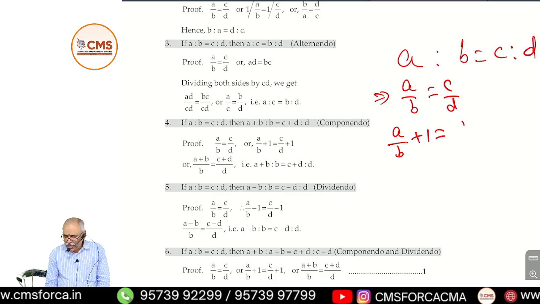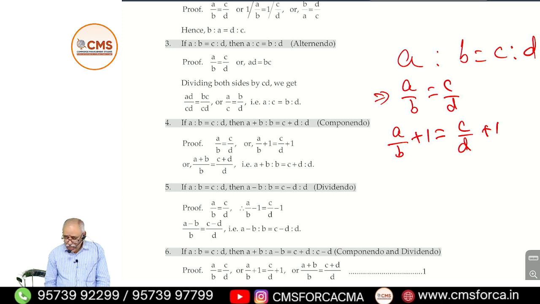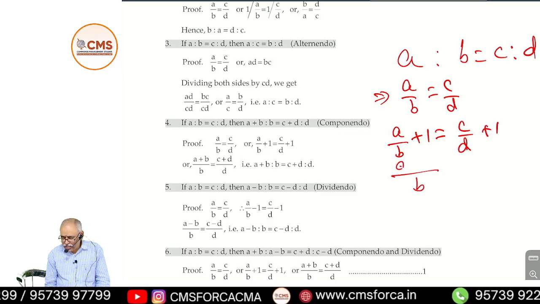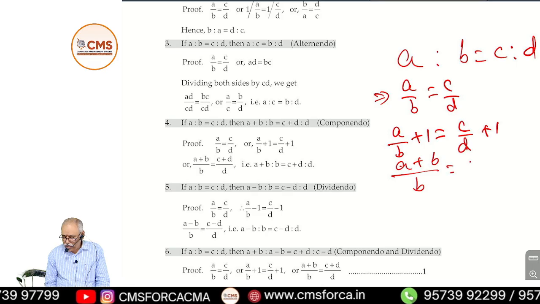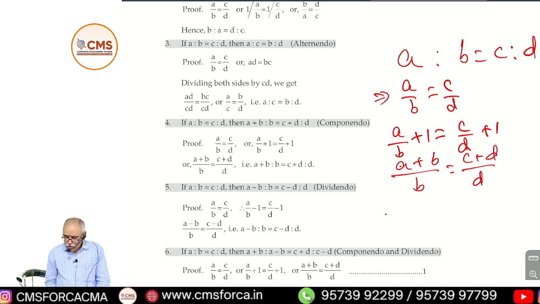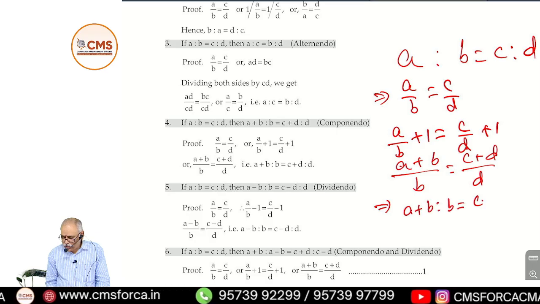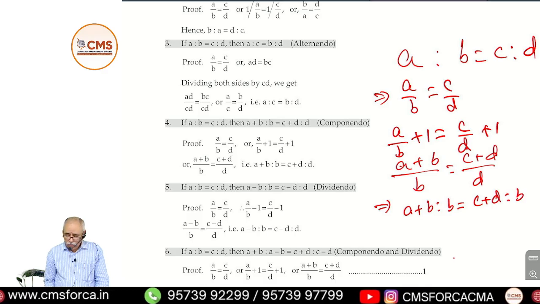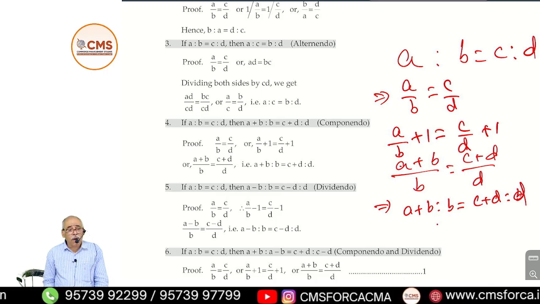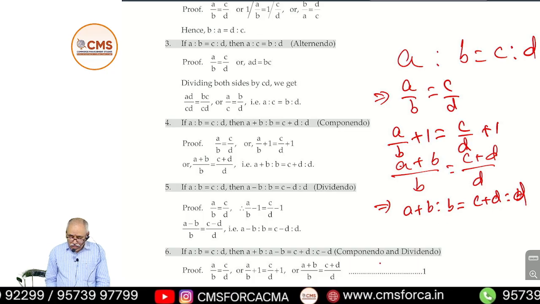A by B plus 1 is equal to C by D plus 1. Isn't it? Take LCM on both sides: B is the LCM on the left-hand side, A plus B by B, equal to D as the LCM, C plus D by D. So what can we write now? A plus B is to B equal to C plus D is to D. This is called componendo. Componendo.